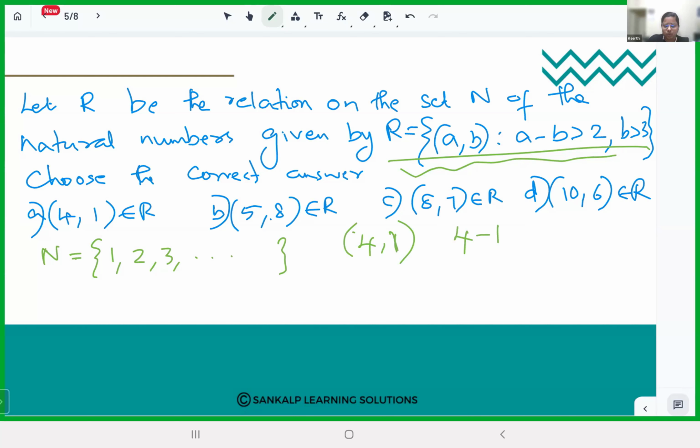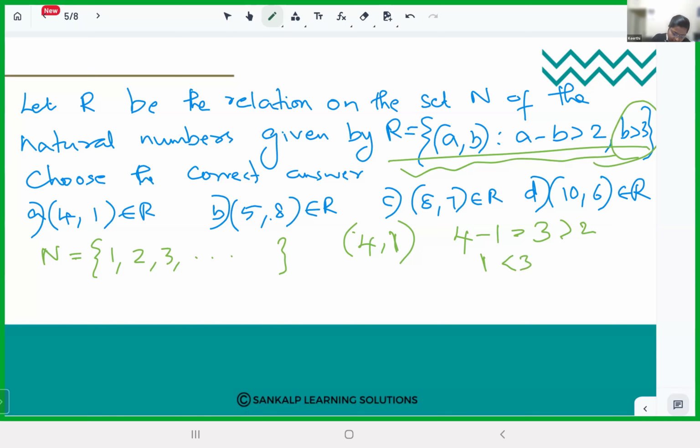Is 3 greater than 2? Yes, so the first condition is satisfied. Now we check the other condition: b should be greater than 3. Here b is 1. Is 1 greater than 3? No, 1 is less than 3. So it does not satisfy the second condition, b greater than 3. So the ordered pair (4, 1) doesn't belong to that relation.